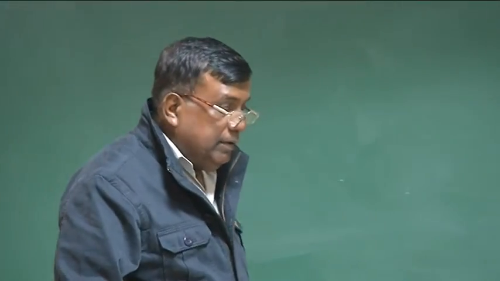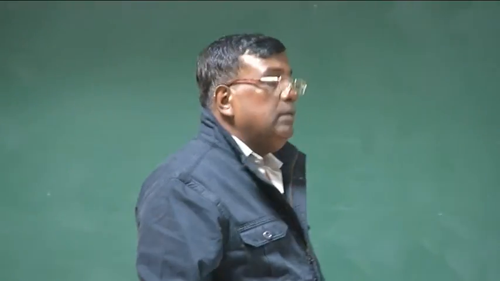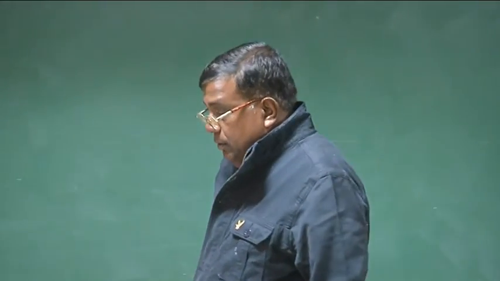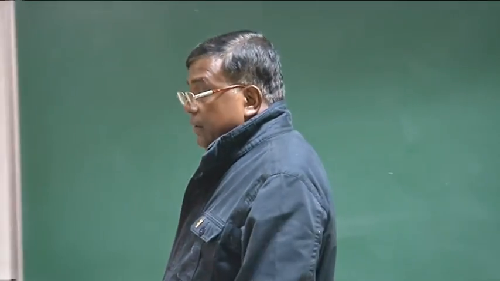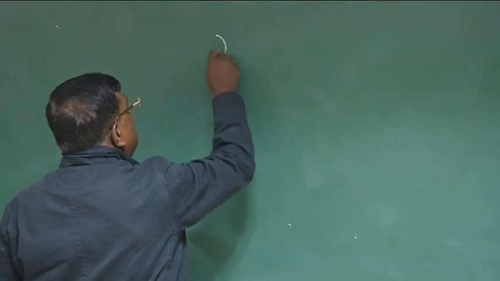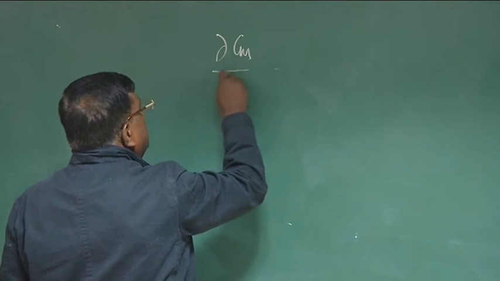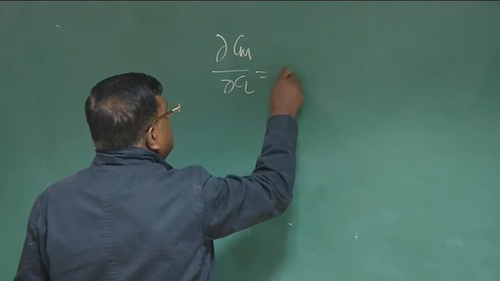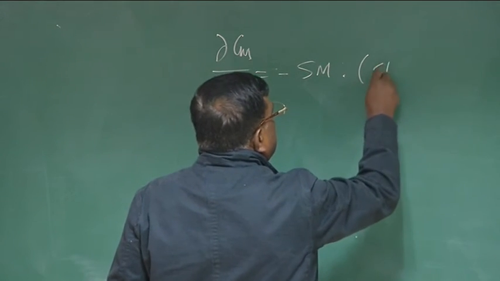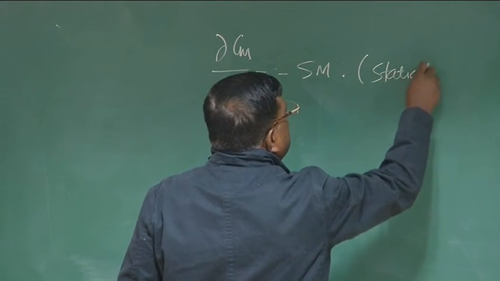As I have been promising, once some theory based background is ready, then we will be solving some numerical problems to get better insight into those expressions. One of the derivations we made was dCm by dCl equal to minus static margin, right? Static margin.